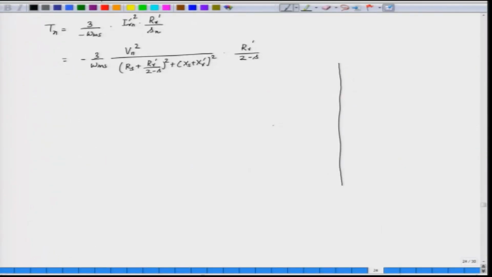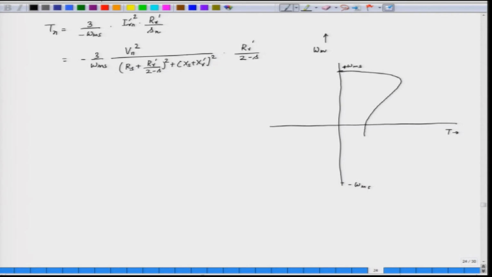If we draw this in a torque speed characteristic, we will see the following. This is our speed versus torque, speed in the y axis and torque in the x axis. We have a positive sequence voltage, which is this. Now, we also have a negative sequence voltage for which the synchronous speed is negative. Here it is plus omega ms, and we have minus omega ms here.